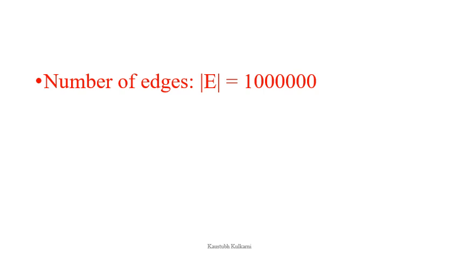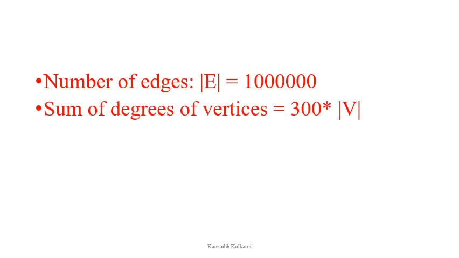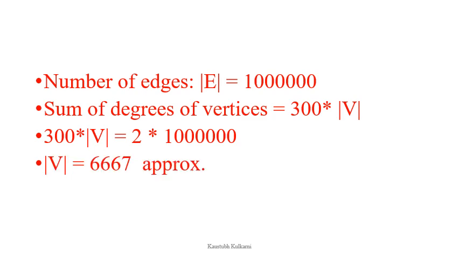So 300 into V is equal to twice the number of edges. And then the number of vertices will be 2 million divided by 300, roughly 6,667. So approximately when 6,667 users register on your social media platform, there is a possibility of having 1 million connections.